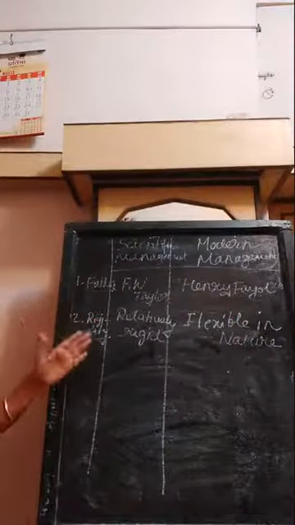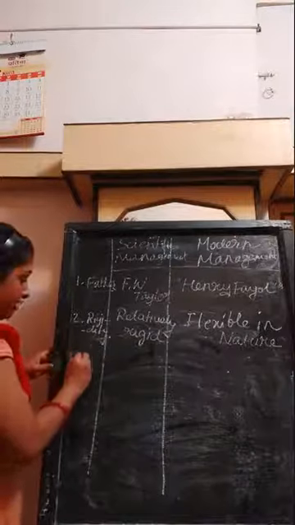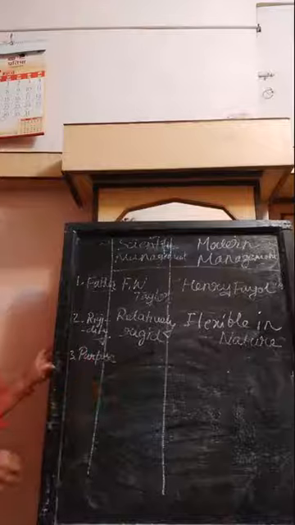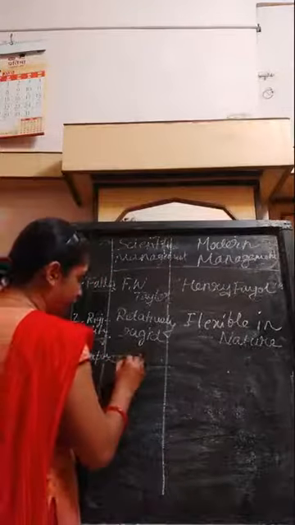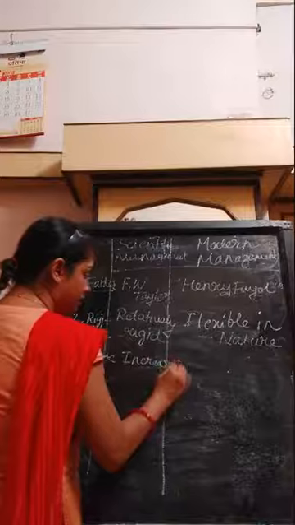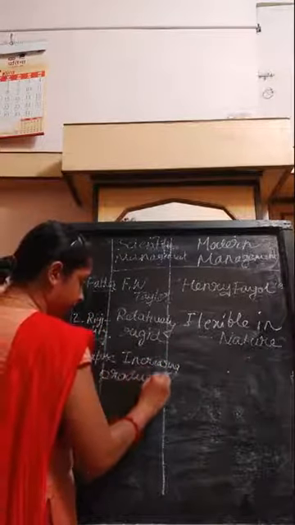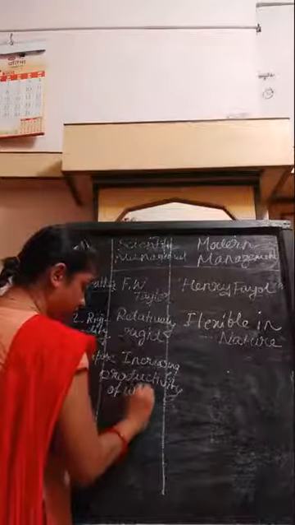Now coming to the third point. Third point is purpose. Point number 3, purpose. The purpose of scientific management is increasing the productivity of the workers. So for first point you will write increasing productivity of workers.